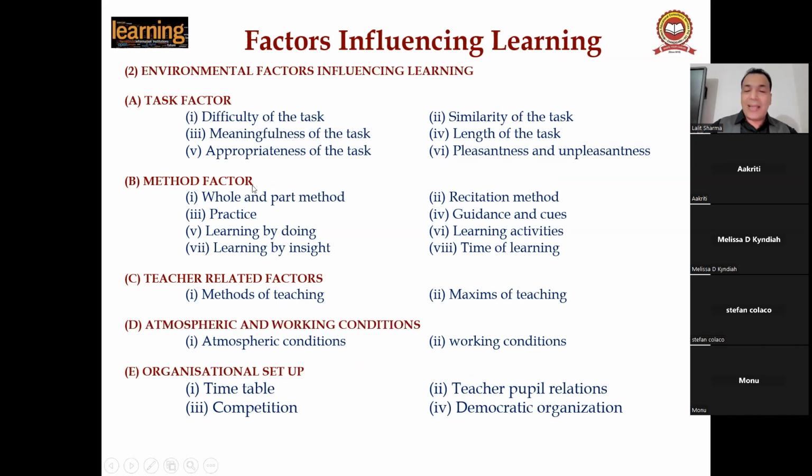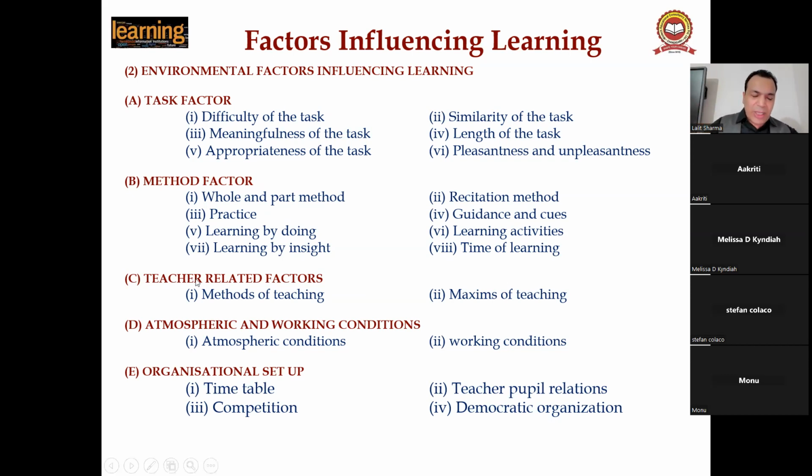Sometimes whole and part method. Practice, learning by doing. So sometimes, from your lecture also, because your method of teaching is not good, it influences the learning of the student. The student is not learning. The reason might be that your method is not good.